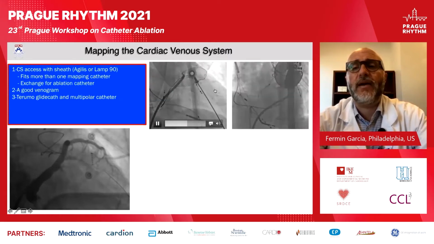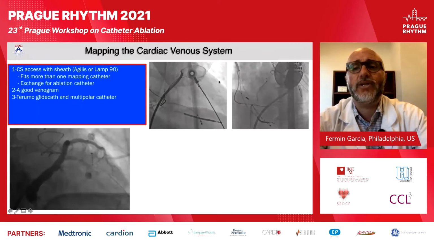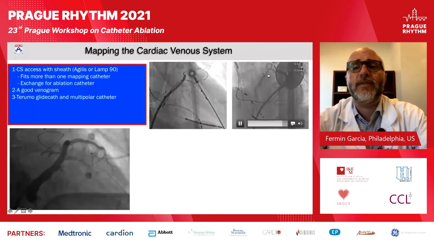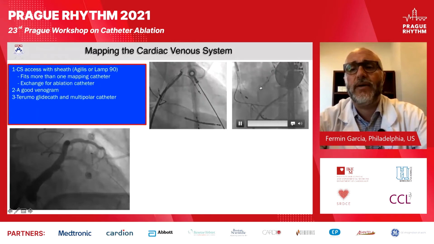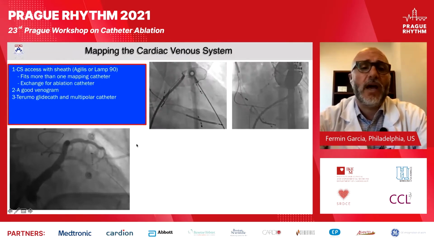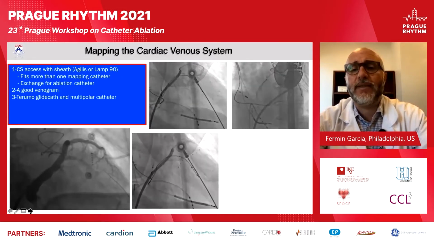You can see here an RAO shot and an LAO shot of a venogram of the septal perforator, which clearly shows that this goes down and septal in the heart, so we're talking about a septal branch. From there, we are able to place multipolar catheters.